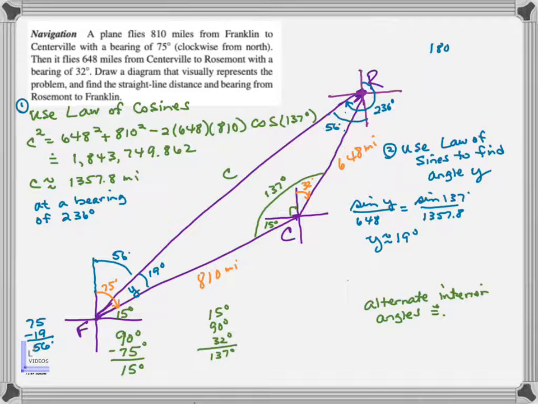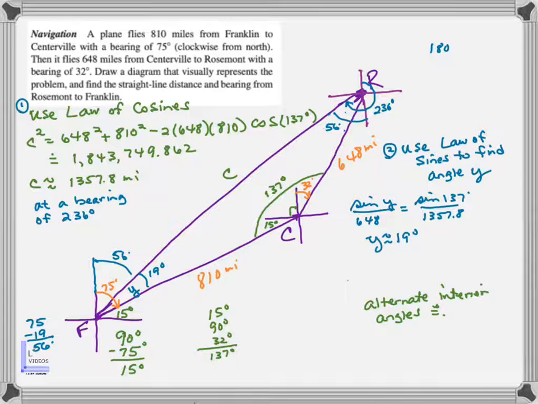Now we have alternate interior angles again. This vertical side is parallel to this vertical length, the y-axis. So the y-axis here is parallel to the y-axis here. If this angle is 56, this angle is also 56, from the vertical to the slanted line.